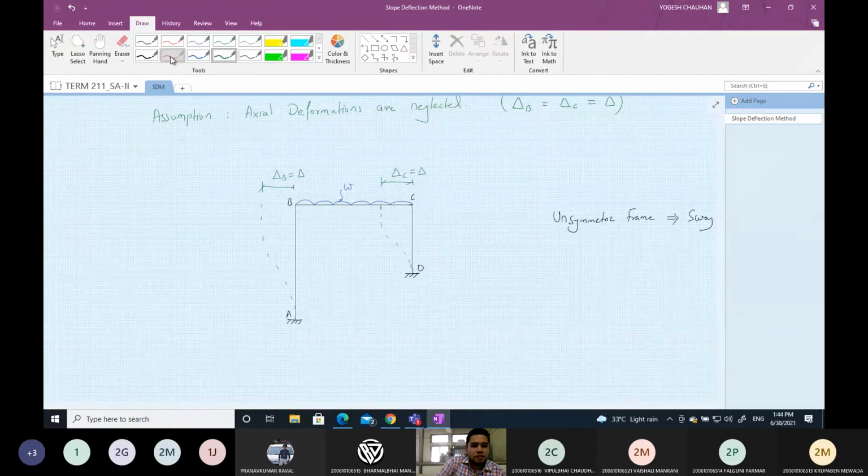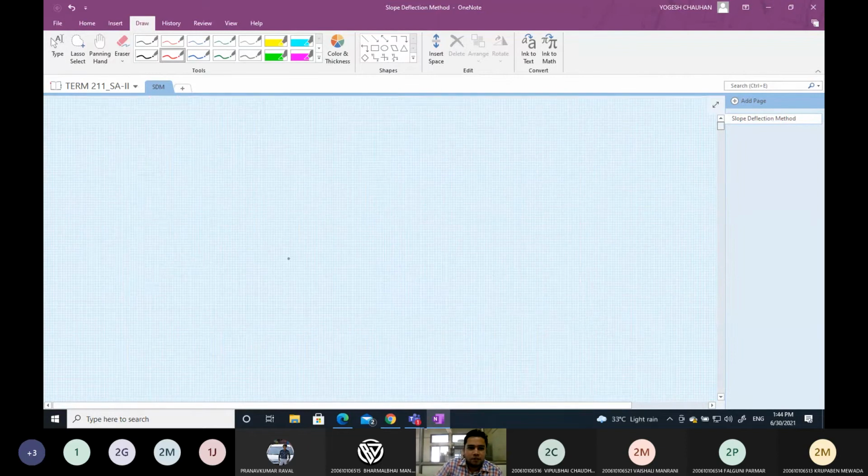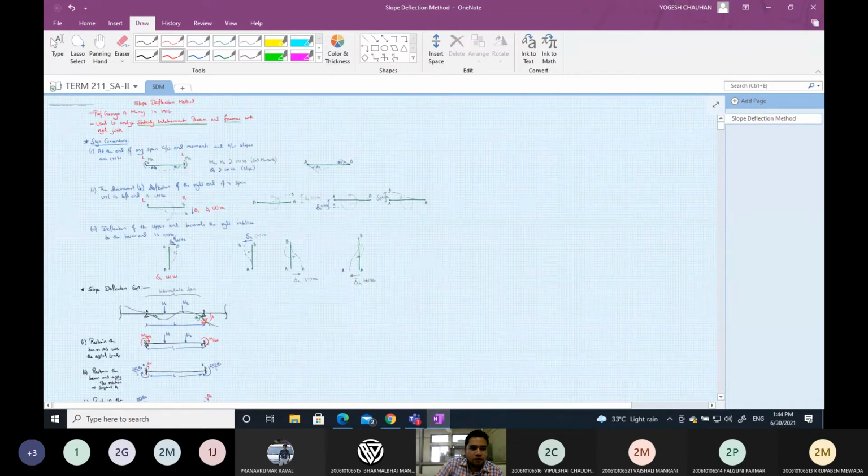And the sign convention here will be the same we assumed at the beginning of this topic, that is, deflection of the upper end towards the right relative to the lower end is positive. So from left to right it is positive, and right to left is negative.